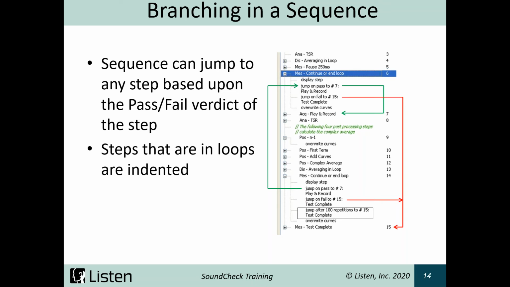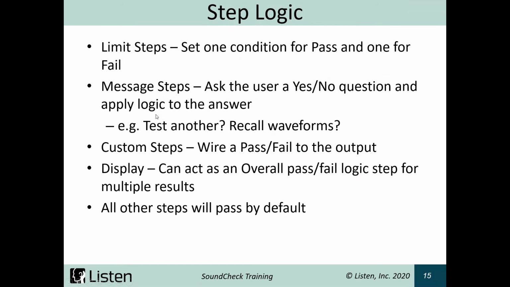We've talked about the pass-fail verdicts of steps. So do something if it passes or fails, jump, halt, whatever it is. But what does pass or fail mean in a step itself?